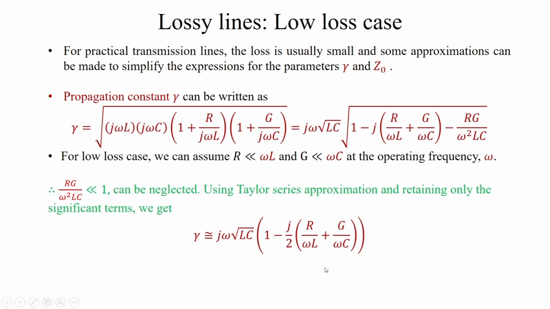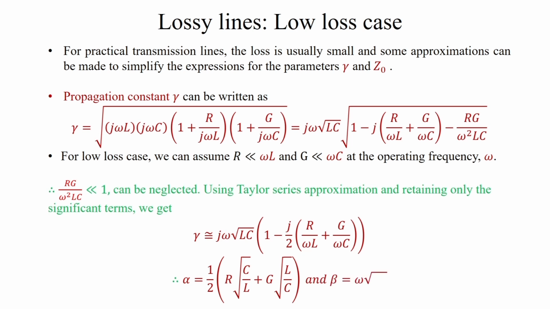So, now we can find out the real and imaginary parts of this equation, and from there we find that alpha is half (R root C by L plus G root L by C), and beta is omega root LC.